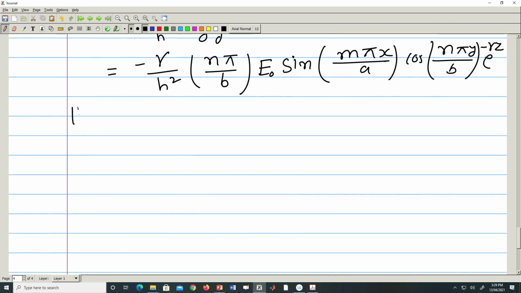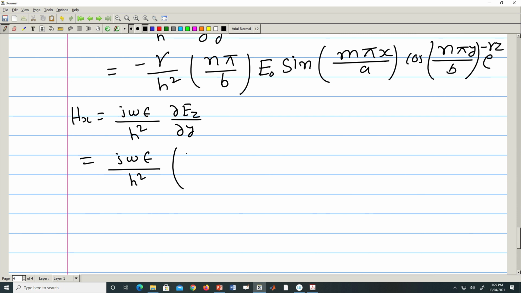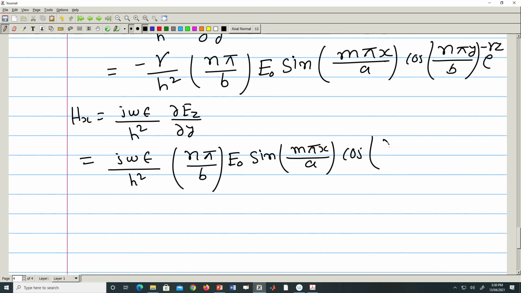This will come as j omega epsilon by h square, n pi by B, since the differentiation is on y, and the second term is E naught sin of m pi x by A, with cos of n pi y by B e to the power minus gamma z. Similarly, next we will get Hy, and this is only for the TM to Z mode.